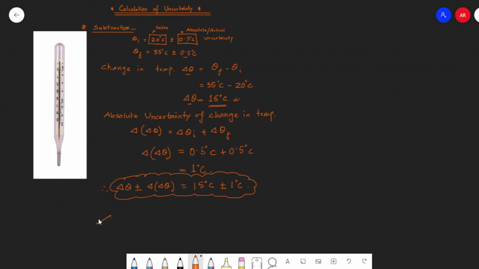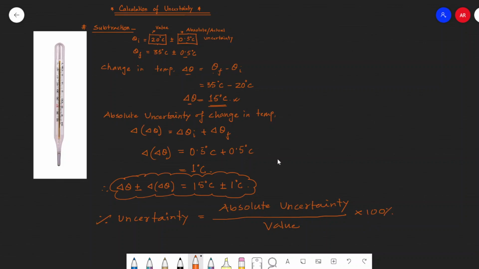Now if we want to find out the percentage uncertainty of this, then percentage uncertainty, as we know, is equal to the absolute uncertainty divided by its value, multiplied with 100%.